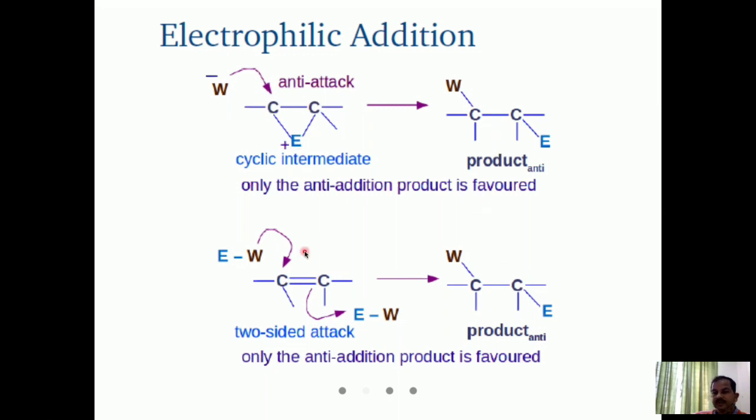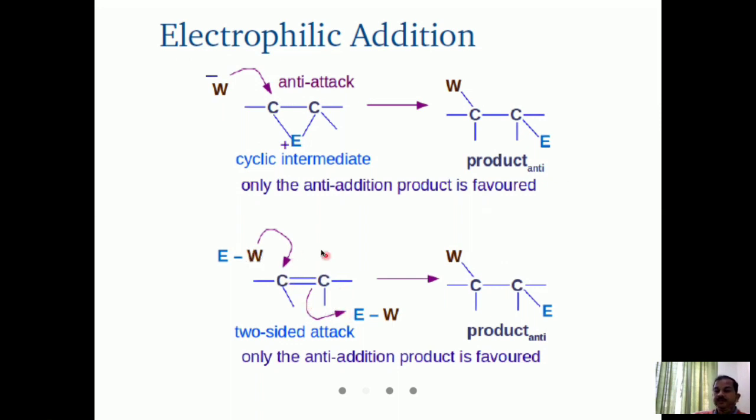And in another one, you can see both are attacking simultaneously. This bond is going to take the electrophile and this nucleophile is going to make a bond with this carbon. So simultaneous reaction is possible only when the orientation is anti.